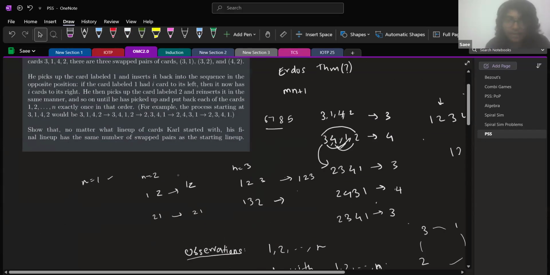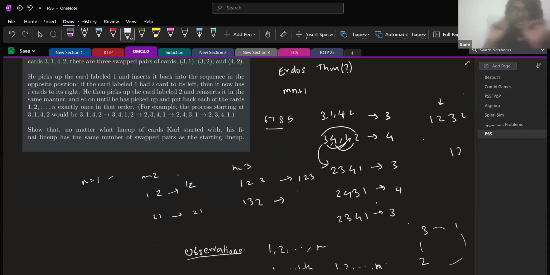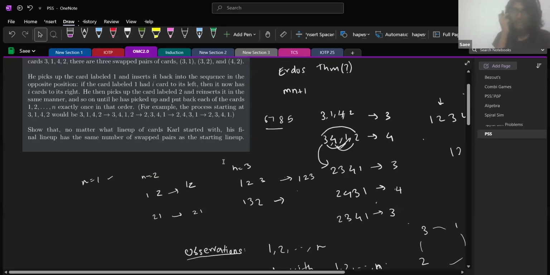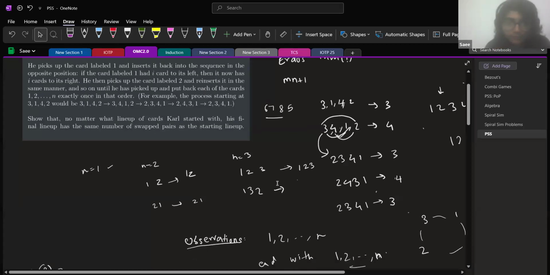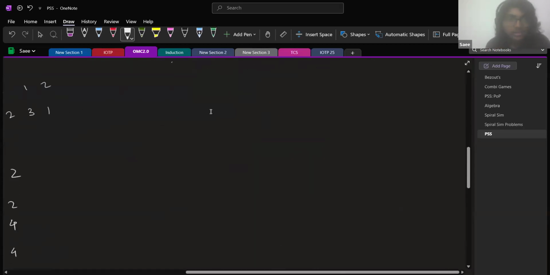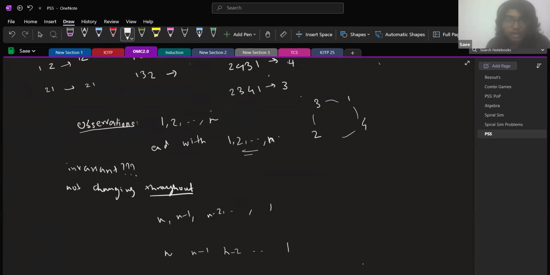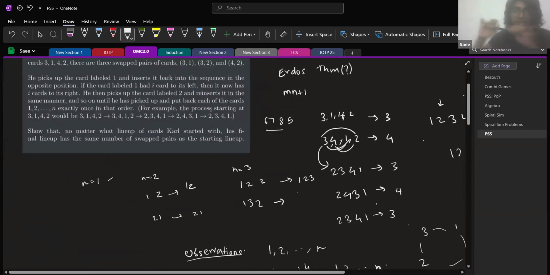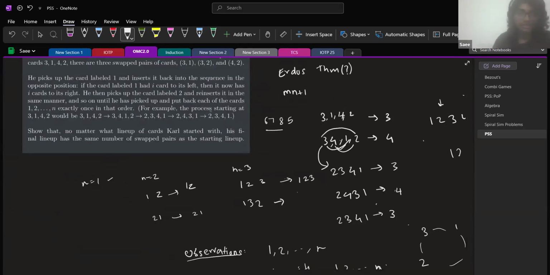And maybe you try to see how two related sequences go through the process. One nice thing, which is also not too hard to prove, is that if you start off with two sequences which are exact reverses of each other, then at every step, whatever you do, they will be exact reverses of each other.